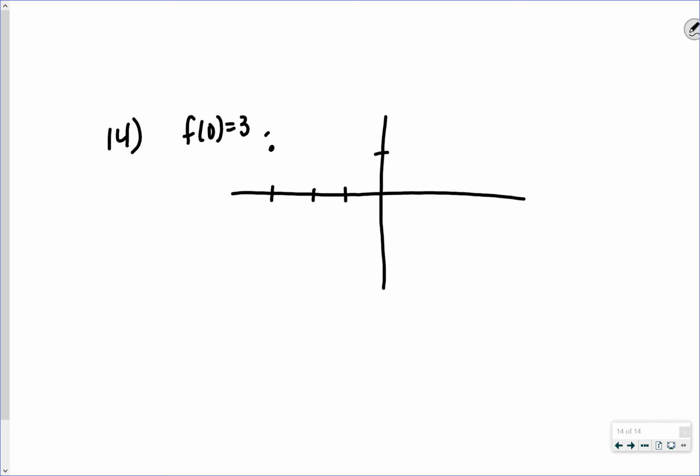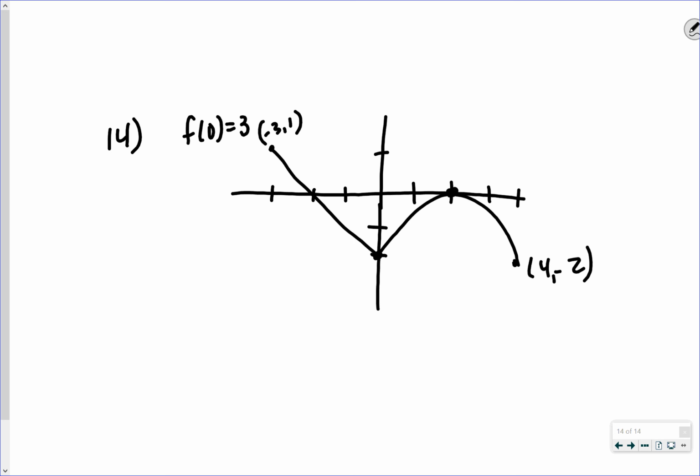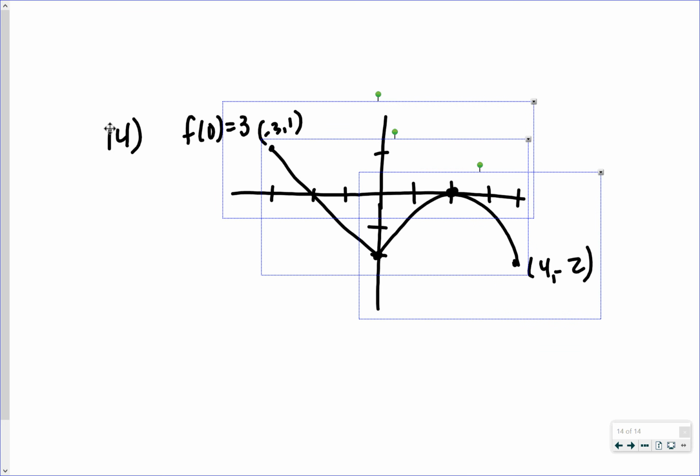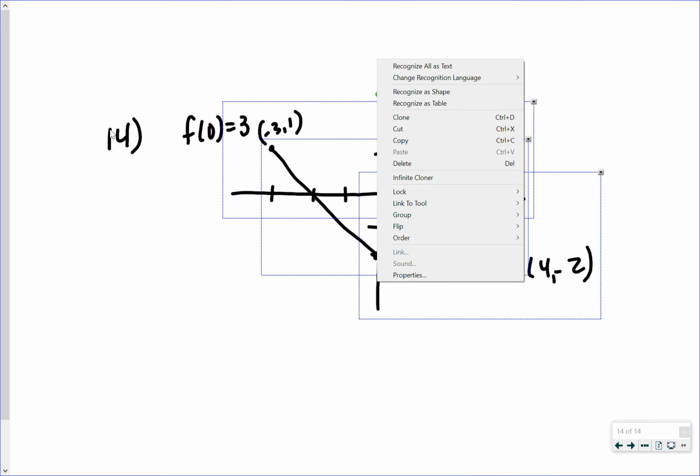It's got this point, negative 3, 1, and then it's really close together. This is a point, this is a point, this is a point. So this goes like this, and then like that. For lack of better art skills, this is what it looks like.